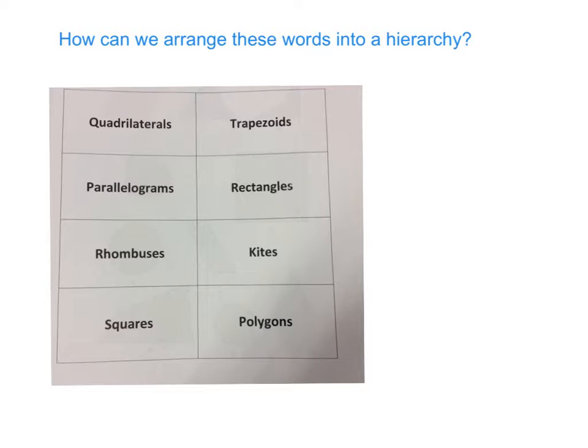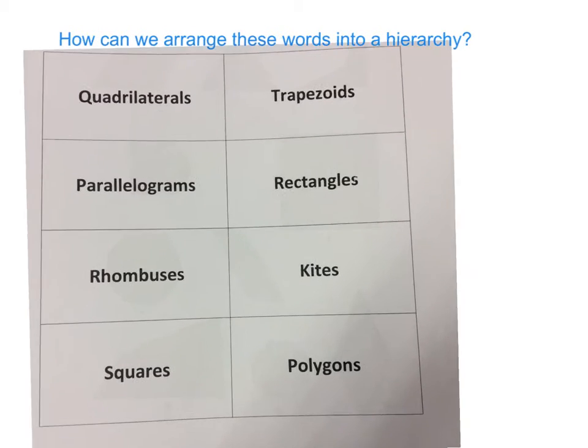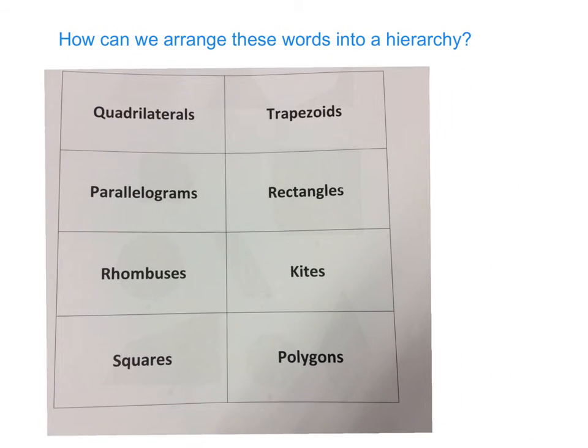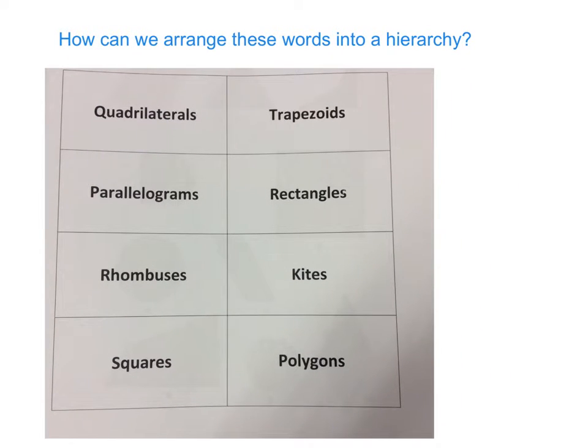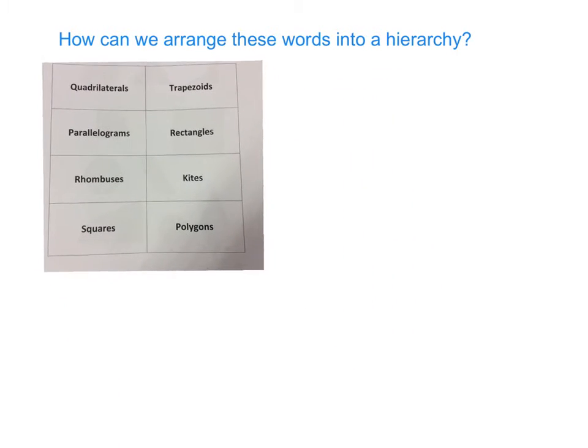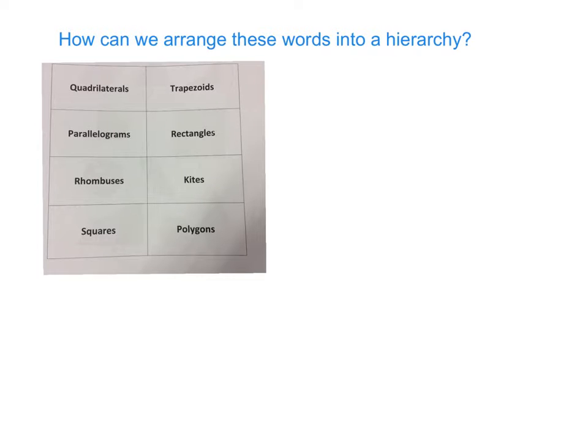Now that we know what a hierarchy is, how can we organize these words into a hierarchy? We have to go from most broad to most specific. So which word here is the biggest, most broad category? Lakshan? I think quadrilaterals, because everything else is a quadrilateral.